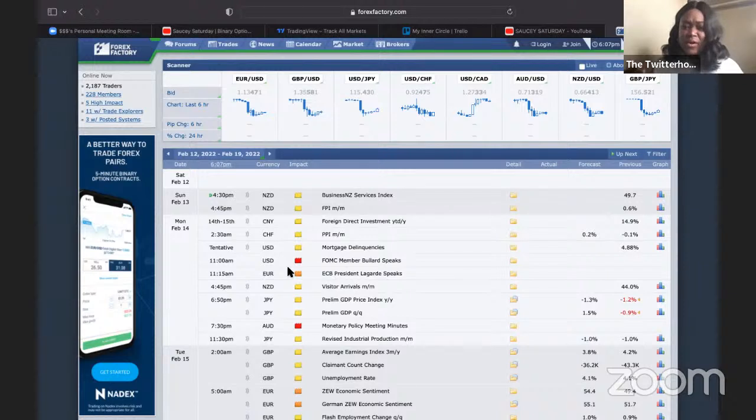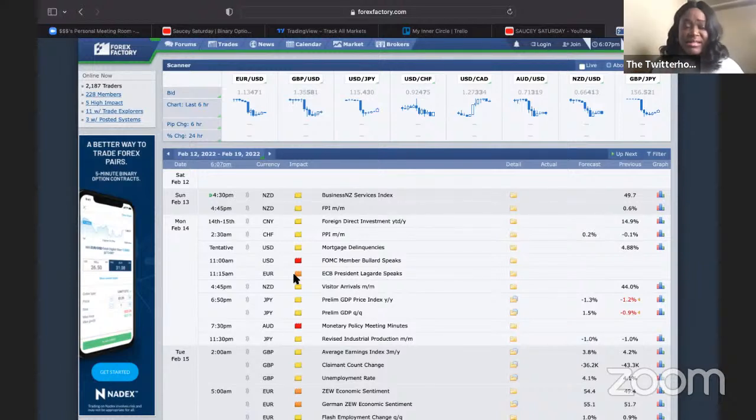Because what I found is that when there's a red folder, or even if there's an orange folder, if it's a group of folders on the US dollar, it tends to affect everything. So seeing a red folder and the orange folder on the euro, I would just not trade the euro or the US dollar.